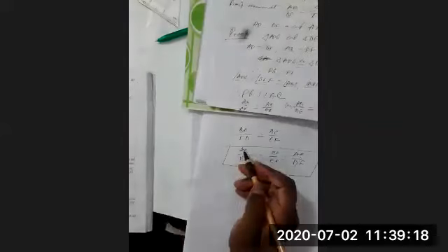Hence, from the above two statements, we can easily show that AB by DE equals BC by EF equals AC by DF. That is our required proof.